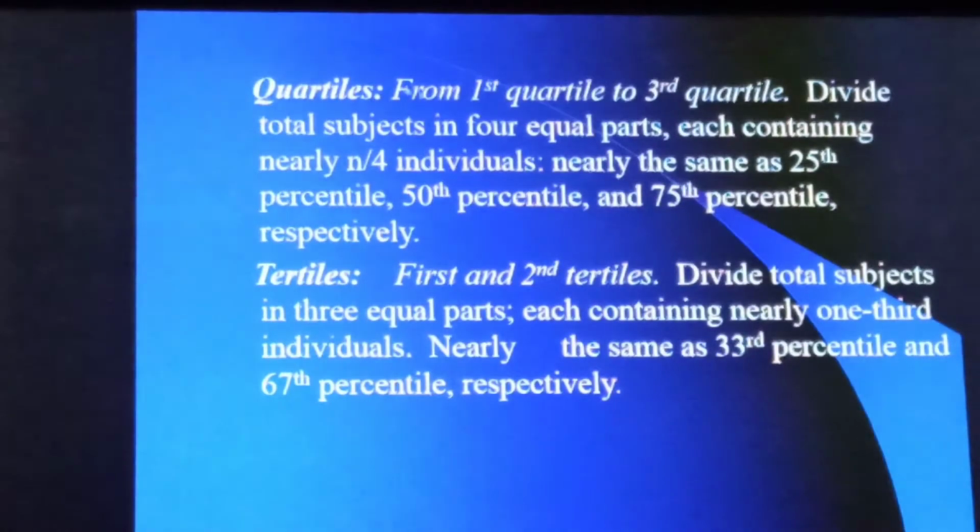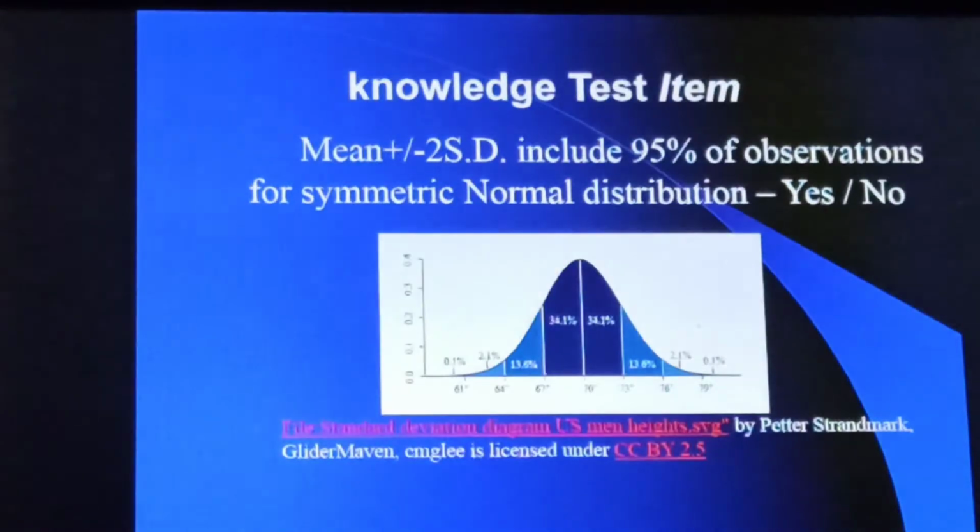Quartiles divide into 4 equal parts, so the middle quartile is equivalent to the 50th percentile or median. So this is the first quartile, second quartile and third quartile; the 3 quartiles divide the total data into 4 parts. Tertiles, first tertile and so on, divide the data into thirds.